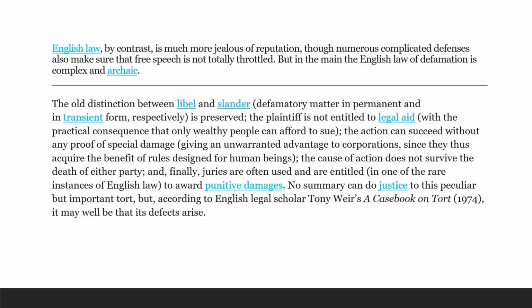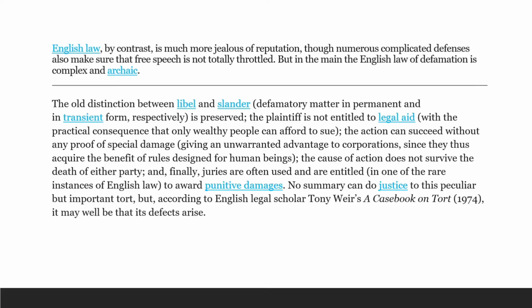The action can succeed without any proof of special damage, giving an unwarranted advantage to corporations, since they thus acquire the benefit of laws designed for human beings.